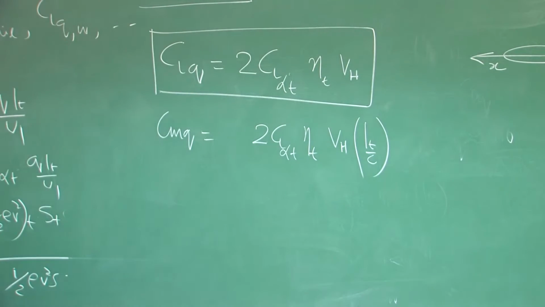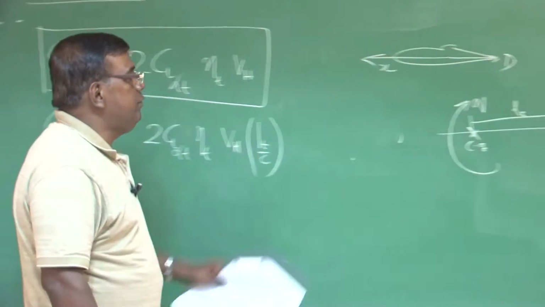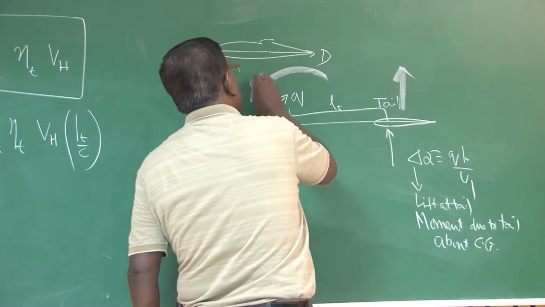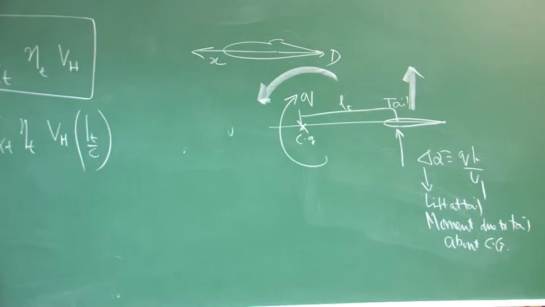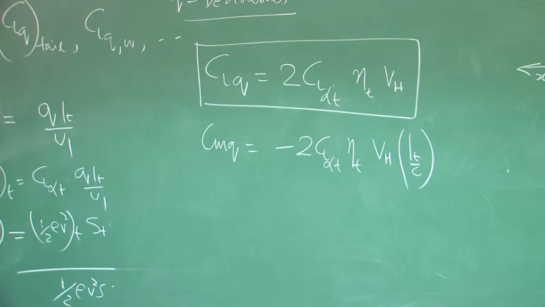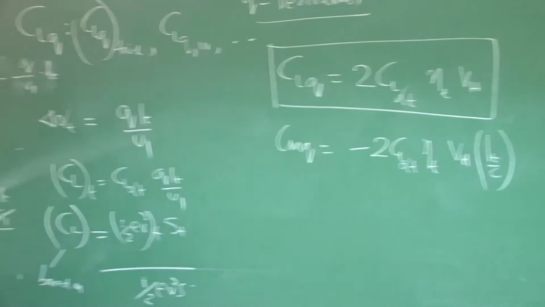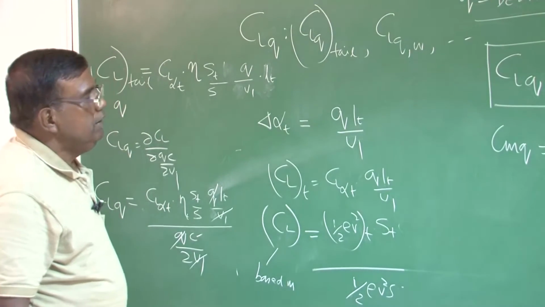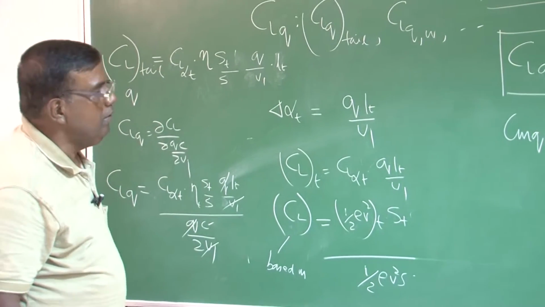I will be wrong if I do not take care of the sign, because I know because of Q there will be a force upward which will give me a nose down moment. So, I have to put a minus sign here. But as I told you, this is the expression for the contribution by the tail, but generally wing also will contribute, fuselage also will contribute.